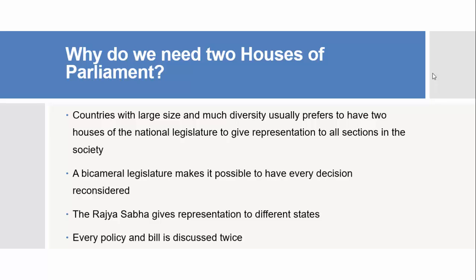A bicameral legislature makes it possible to have every decision reconsidered. The Rajya Sabha gives representation to different states. Every policy and bill is discussed twice.